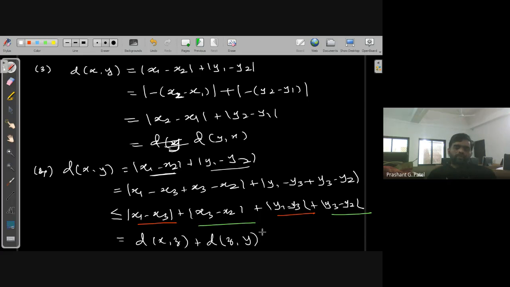So that proves that this d satisfies all the four conditions of the metric. Hence d is a metric on R square.